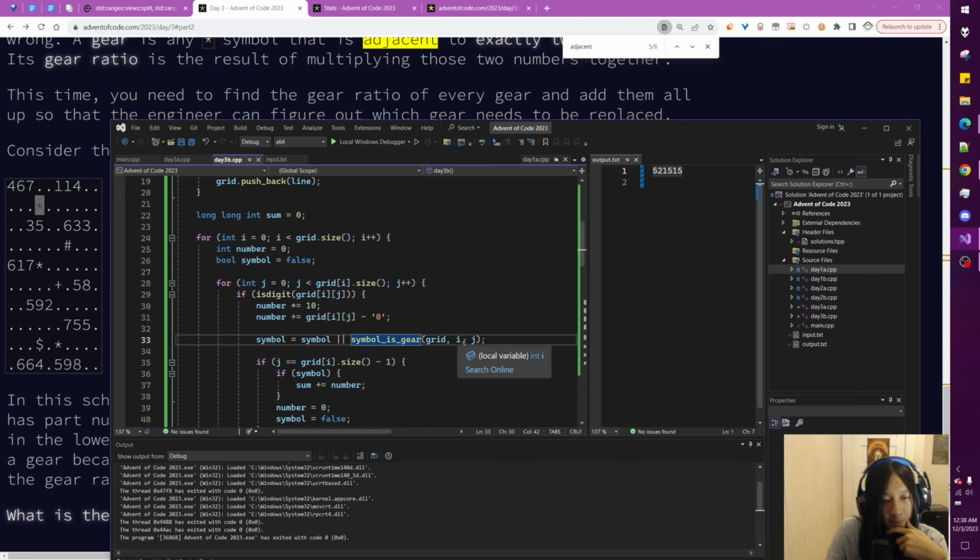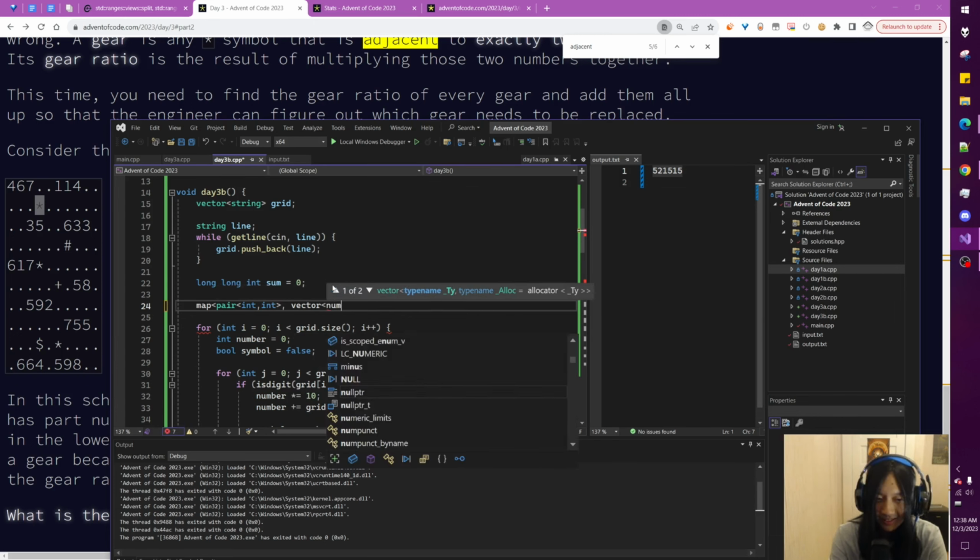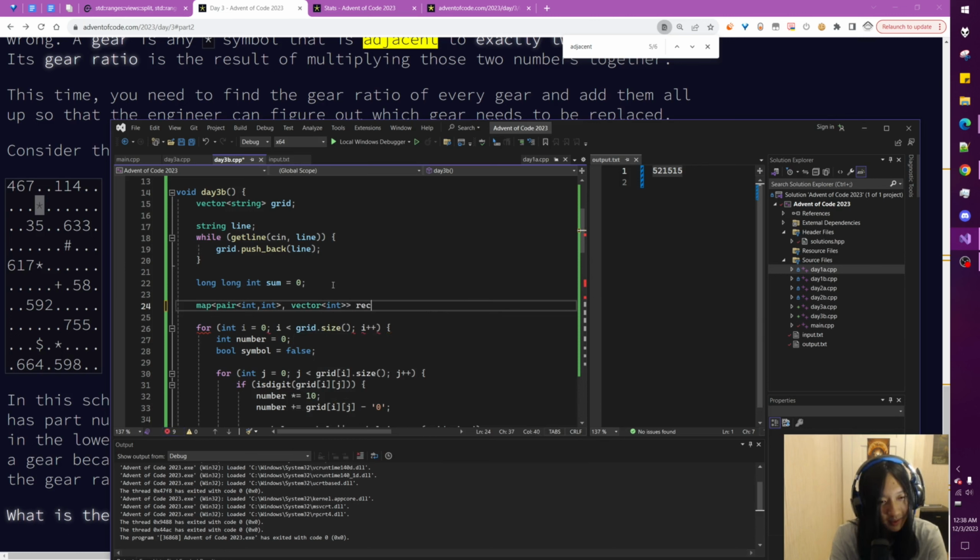This is important. What can we do with this information? Well, we can say that we have a number that has this coordinate. Perhaps we could keep that in a map, which is a pair of ints to a vector of numbers?